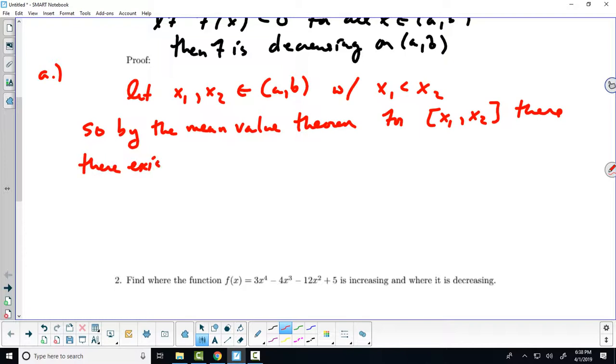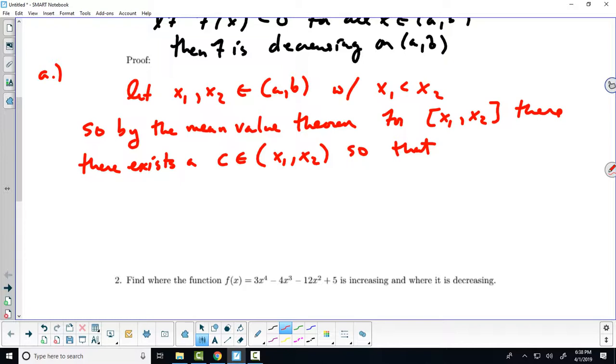In this case the c value is not going to be in (a, b); we're going to write it in the interval (x1, x2), so that what? f of c equals f of b minus f of a over b minus a.